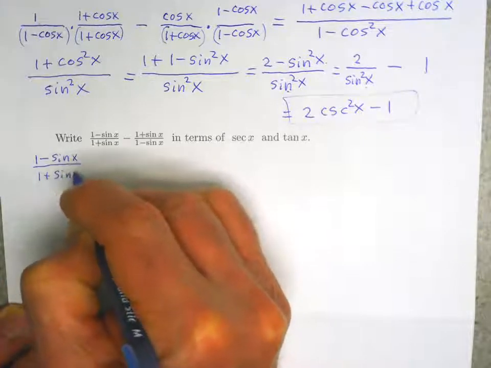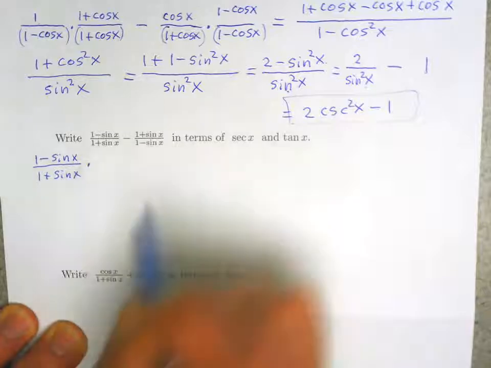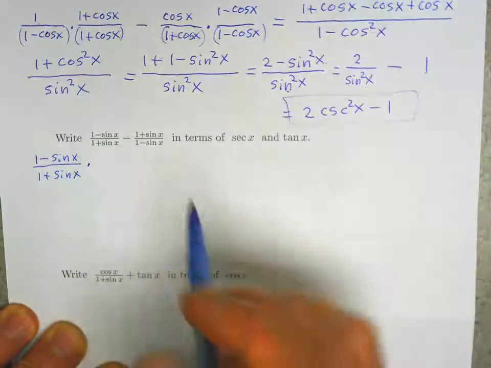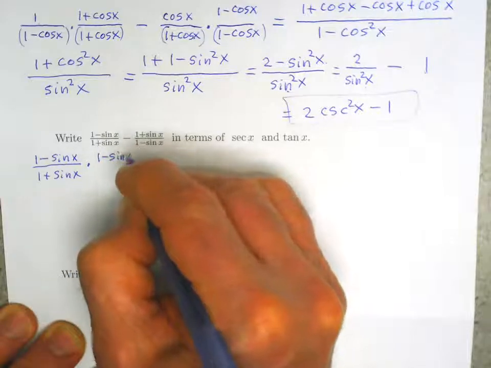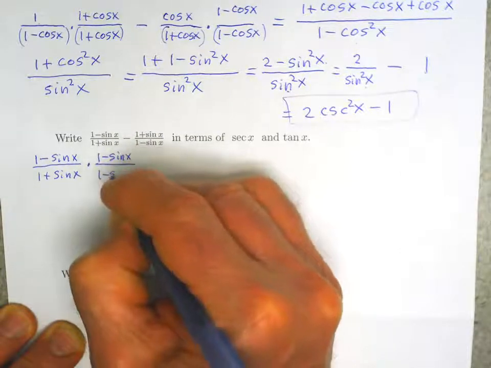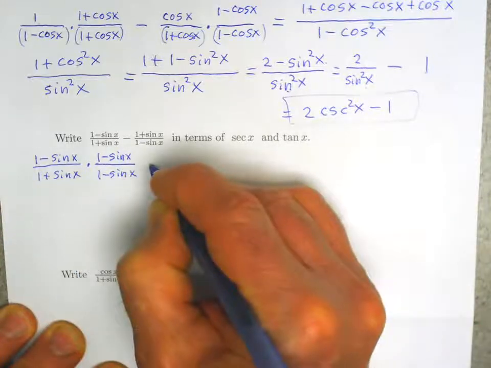in special forms. So I'm going to multiply this term on the left by 1 in the form of 1 minus sine of x over 1 minus sine of x, and then we're subtracting again.